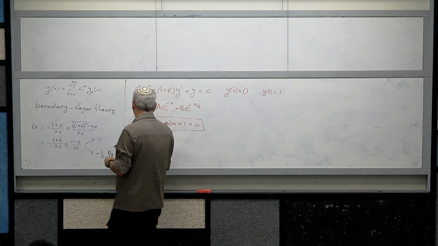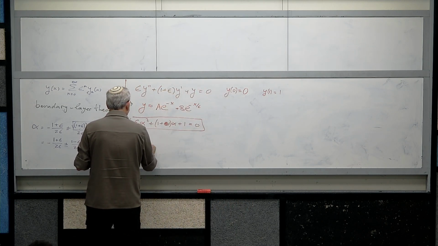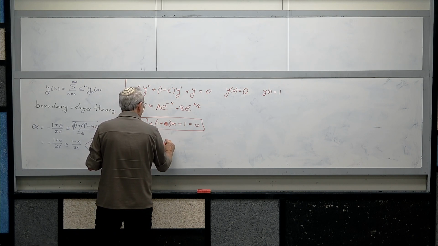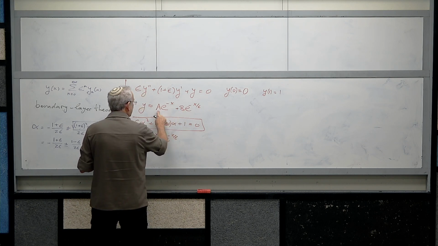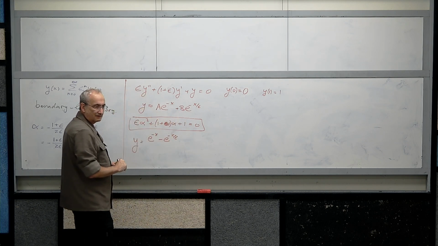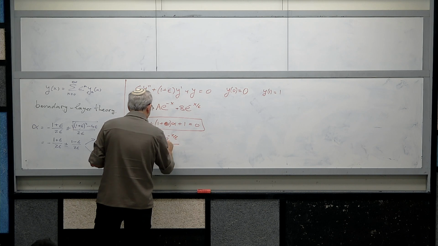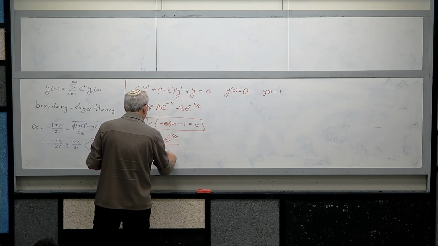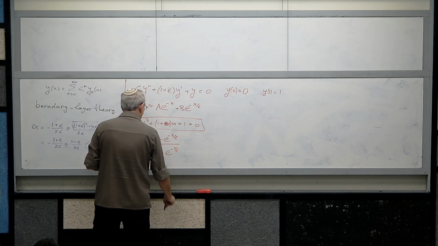So I will leave you to convince yourself that the solution is e to the minus x minus e to the minus x over epsilon. This is like saying that b is minus a. And then a should be defined in such a way that when x equals 1, you will get 1.